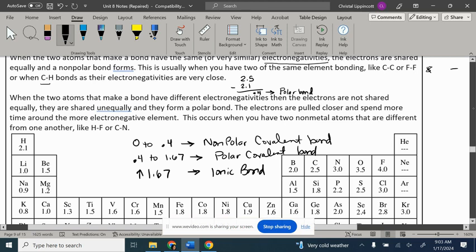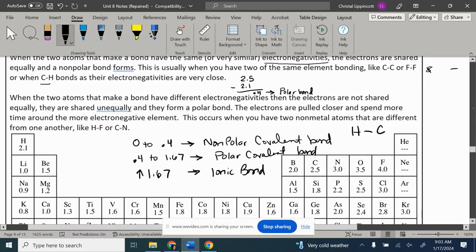Now, what does this even mean? Why does this matter? If you're talking about a bond between hydrogen and carbon, remember what electronegativity is. Electronegativity is it wanting those electrons to stay by it more than the other thing.